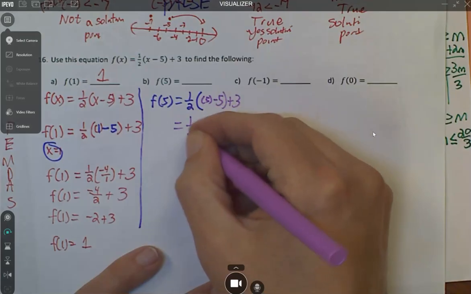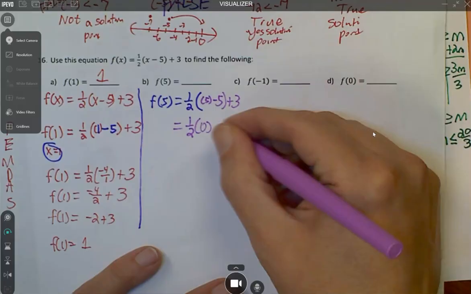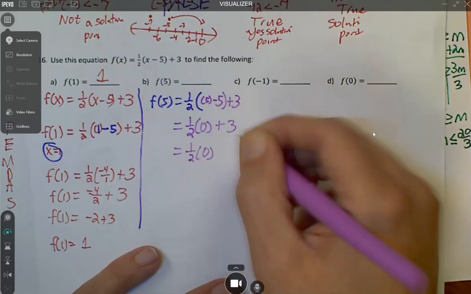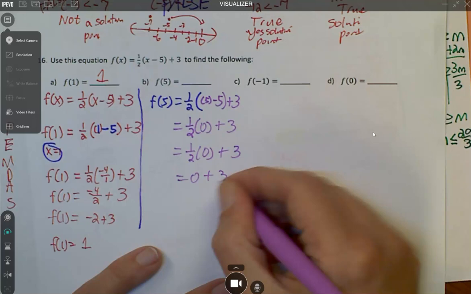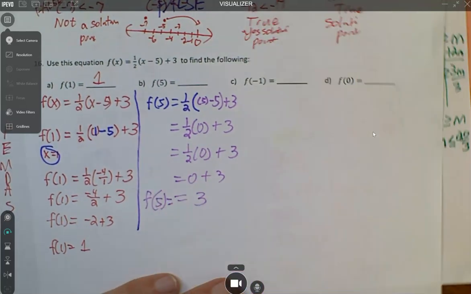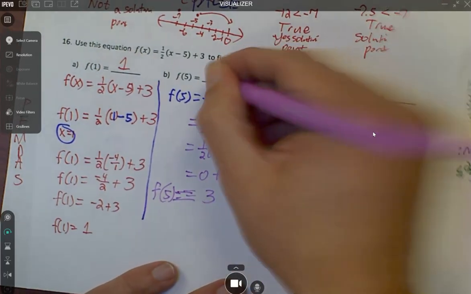Alright, 5 minus 5 is 0. Okay, 0 plus 3, 3. So when x is 5, y is 3.